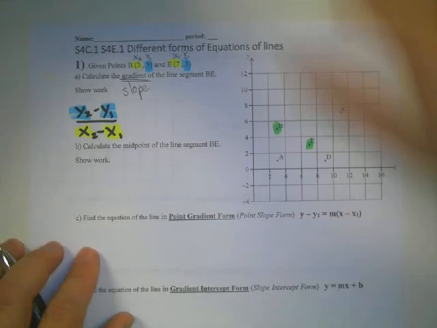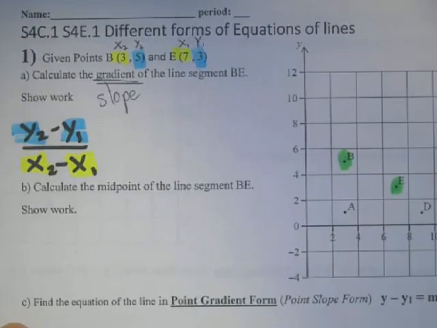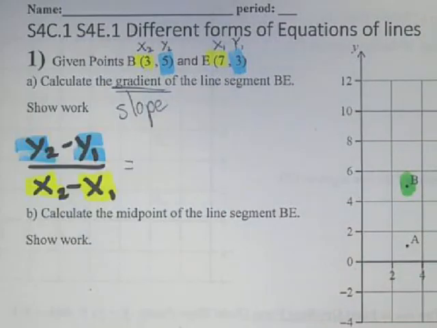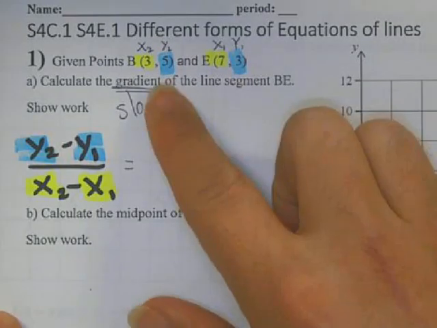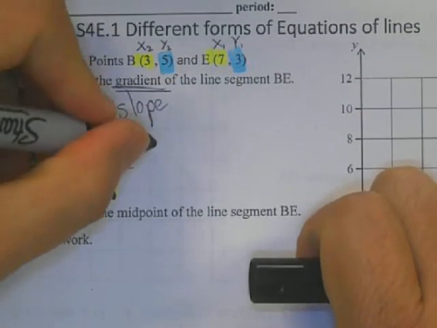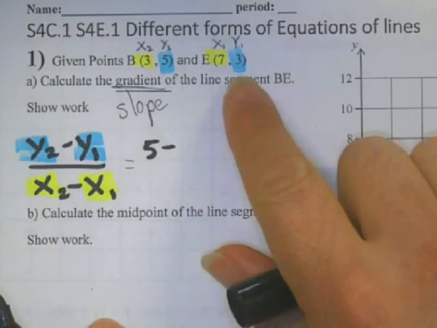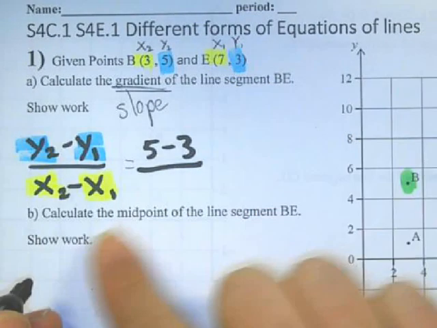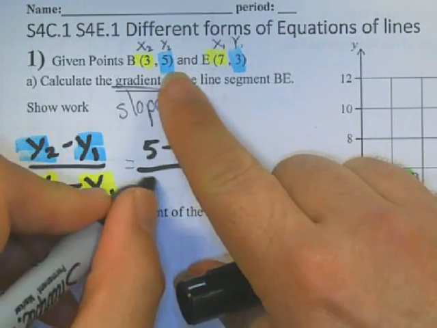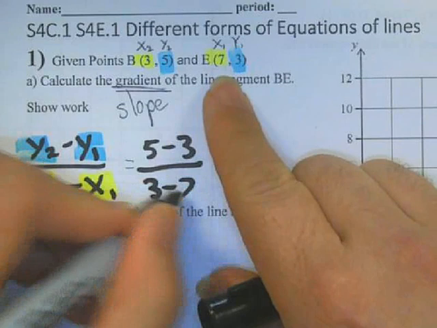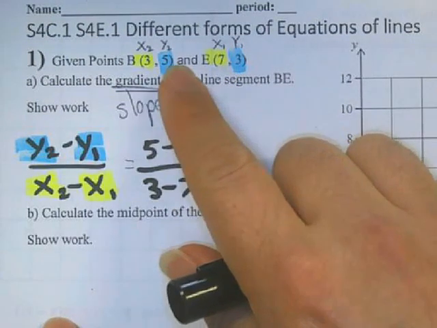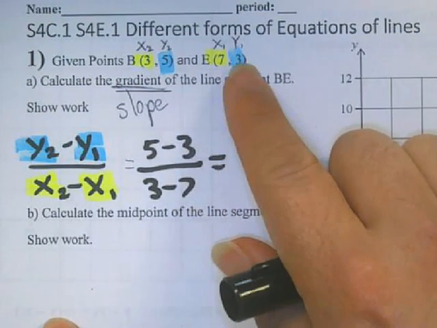If I call this one x2, y2, and this one x1, y1, then I would get, let's zoom in a little bit, it's probably hard for you to see, 5 minus 3, blue minus the blue, divided by 3 minus the 7. So I made this one x2, that one y2, this one x1, this one y1.